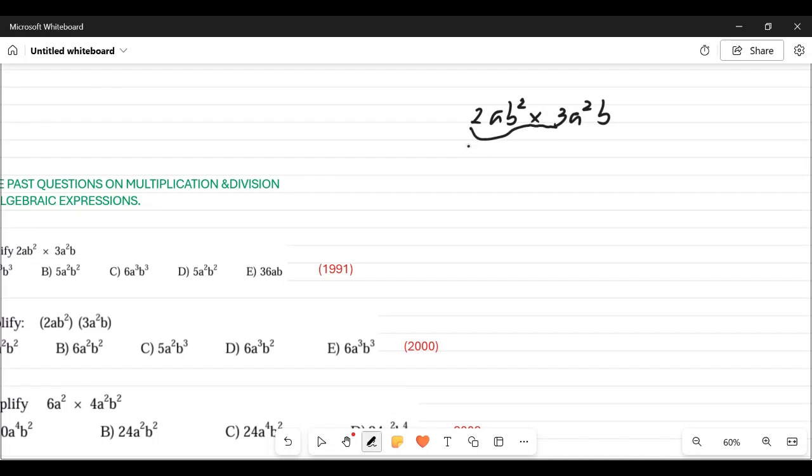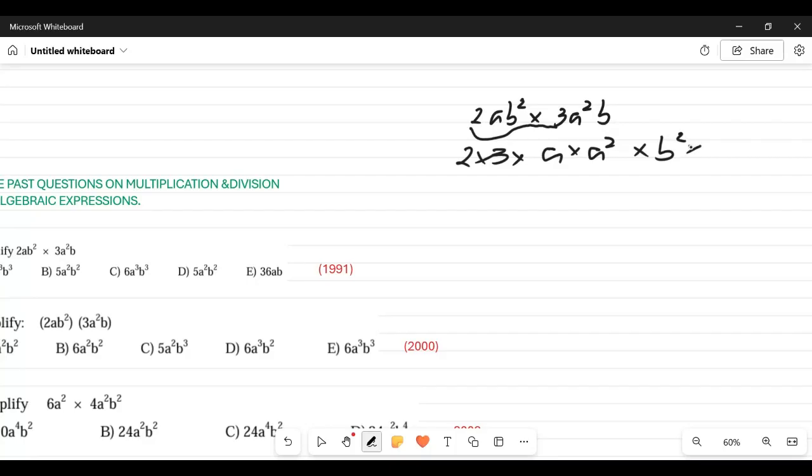So these are the coefficients, and we multiply them. So we have 2 times 3, times a times a squared, times b squared times b. 2 times 3 is going to be 6.